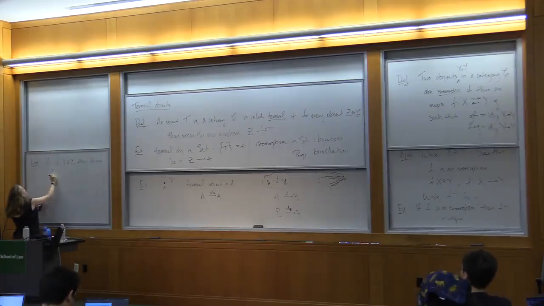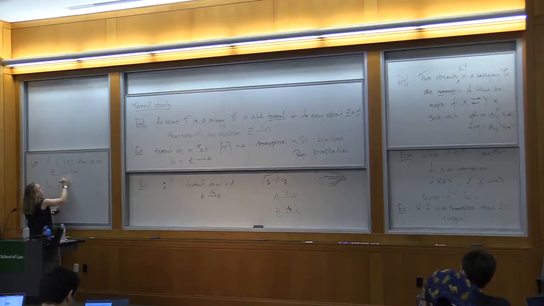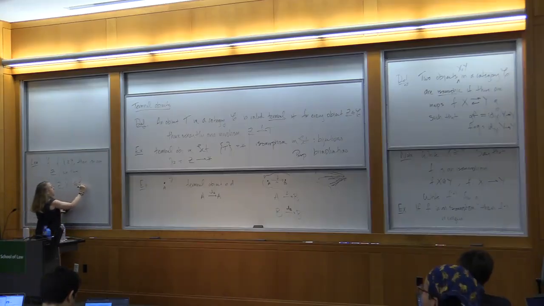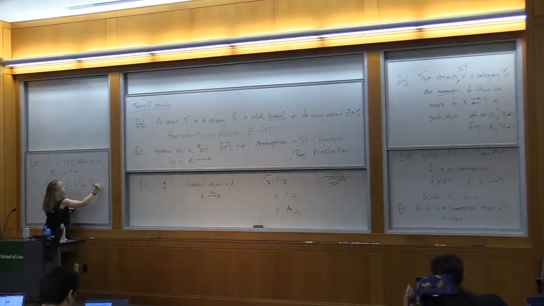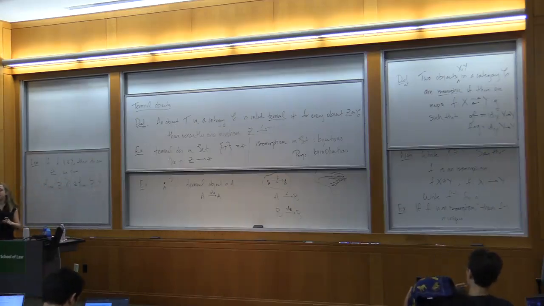Then for any object Z in our category, we have the following fact. So we have that homomorphisms from Z to X are in bijection with homomorphisms from Z to Y. Now, like I said yesterday, I was kind of wishy-washy about what I meant by a collection.